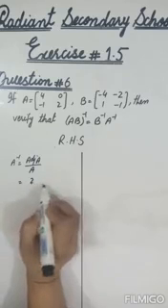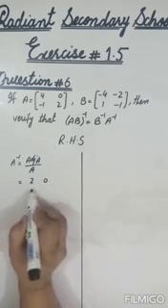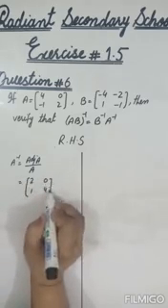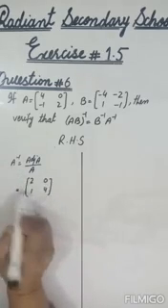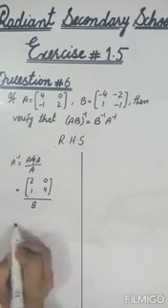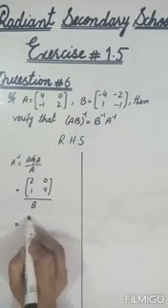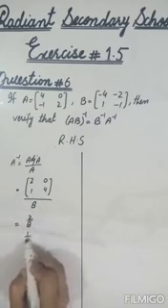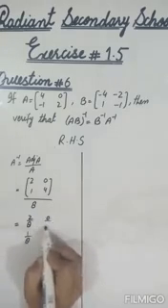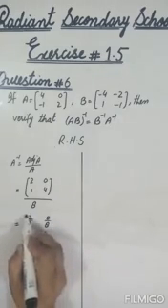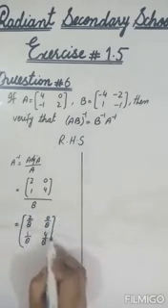It is equal to 2, 0, 1, 4, and our determinant is equal to 8. Now we have to divide each entry by 8. 2 by 8, 1 by 8, 0 by 8, 4 by 8.